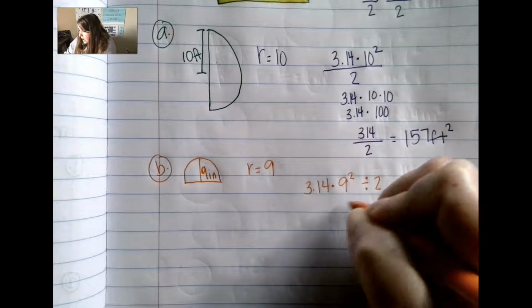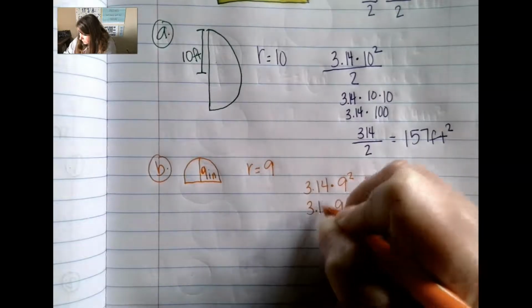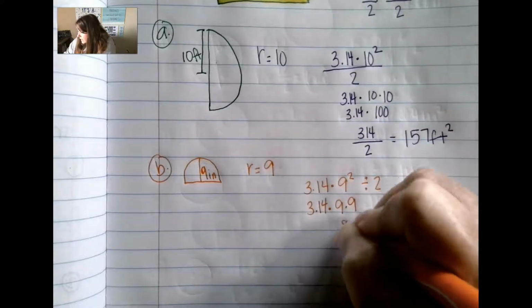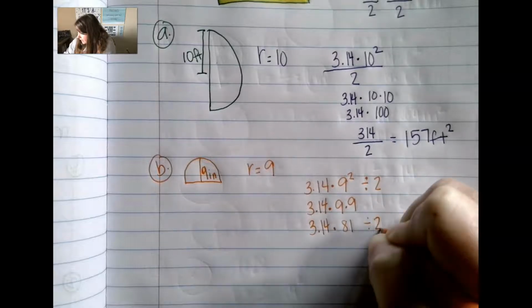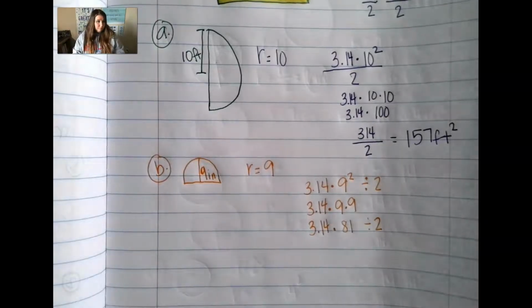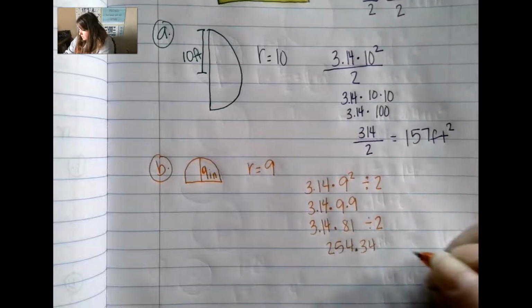So we have 9 squared, which is the same as 9 times 9 times 3.14, and 9 times 9 is 81. 81 times 3.14, and then we're going to divide that all in half. 81 times 3.14 gives us 254.34 inches.